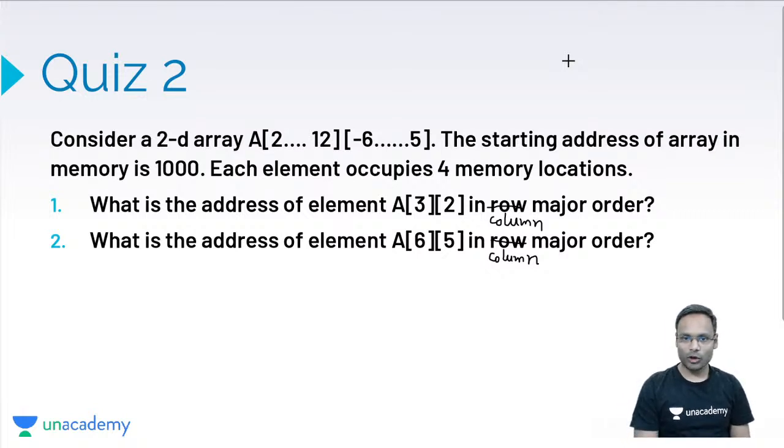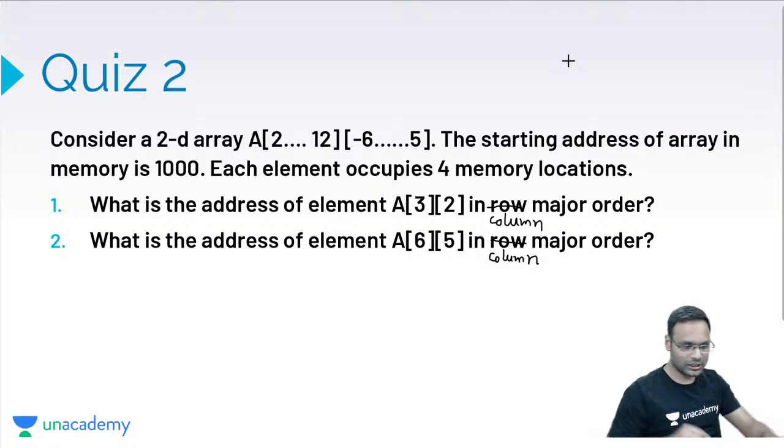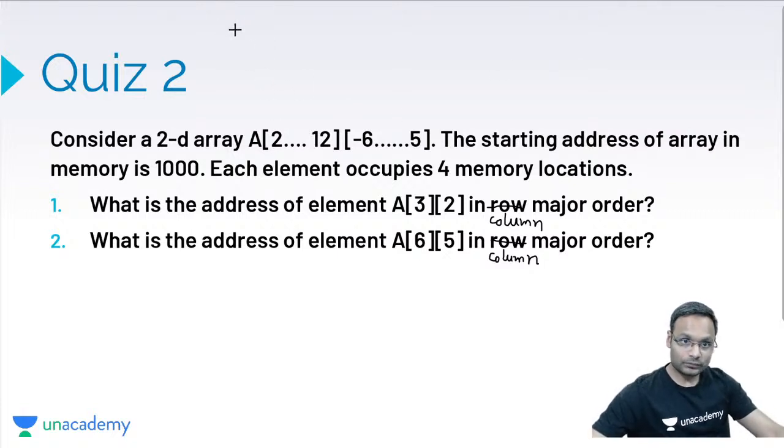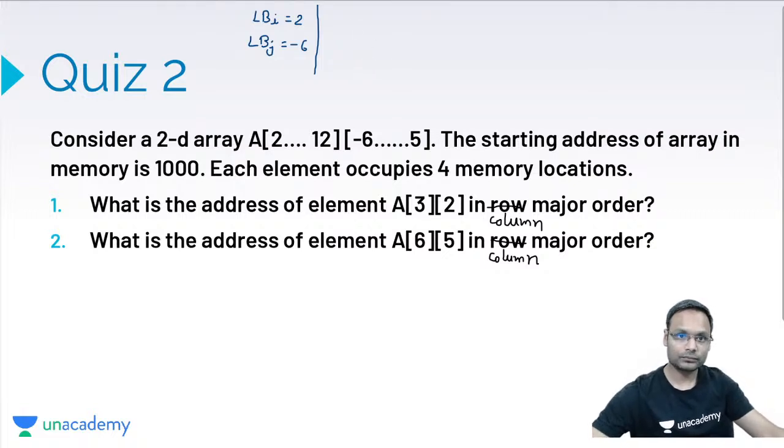Yes, both questions are for column major order this time. So first of all, calculate the lower bounds. Lower bound of rows is equal to 2. Lower bound of columns is equal to -6. How many columns and how many rows?